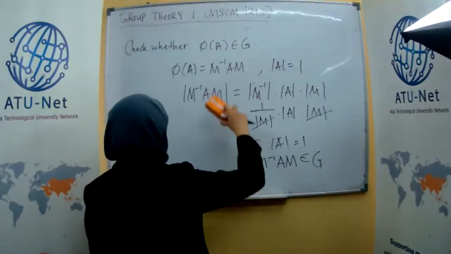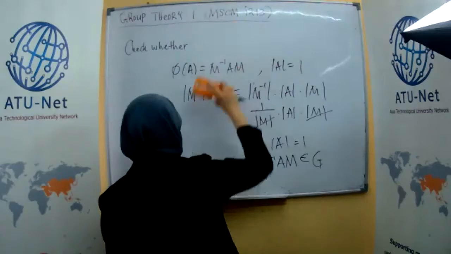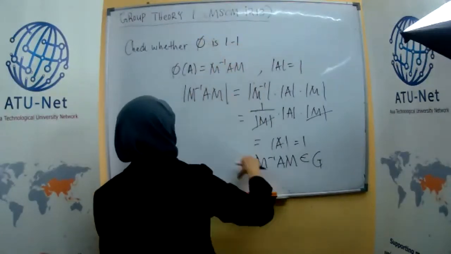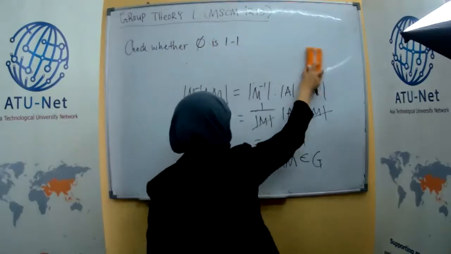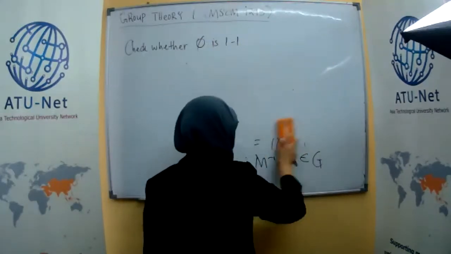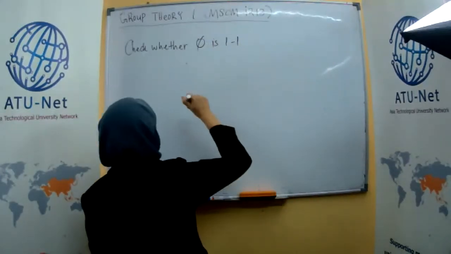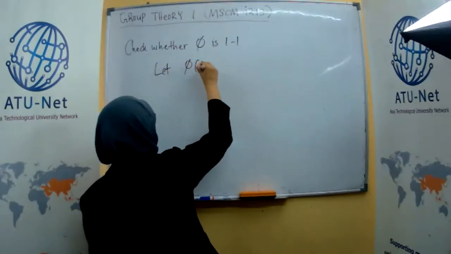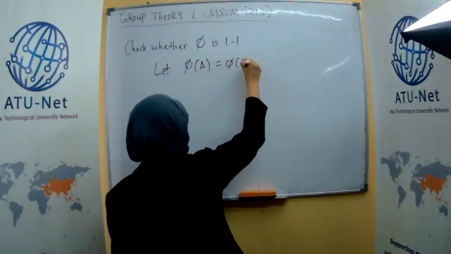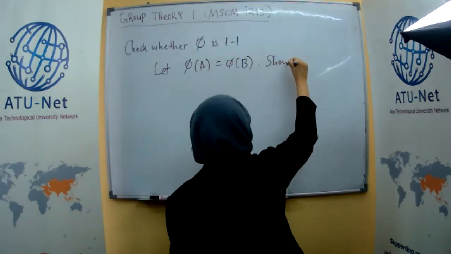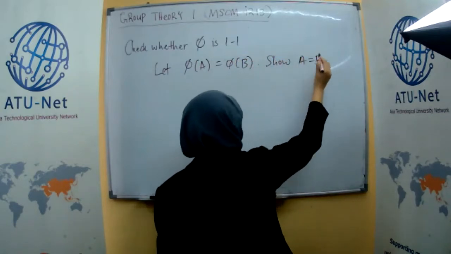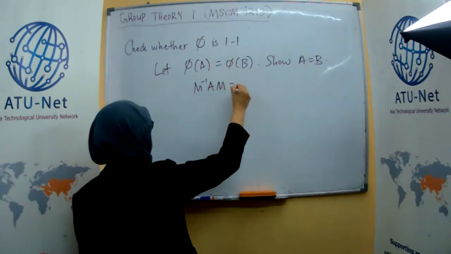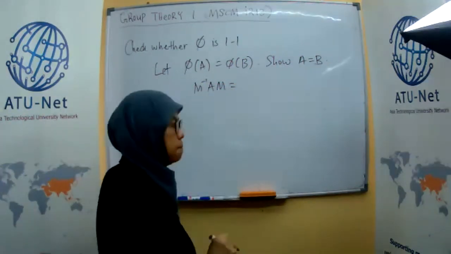Check whether this is 1-to-1. So let phi of A equal phi of B, show A is B. Phi of A is M inverse AM.